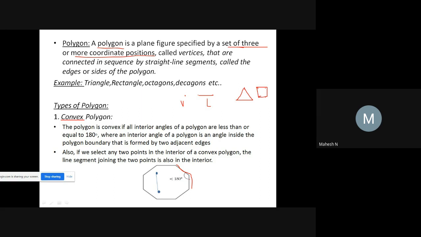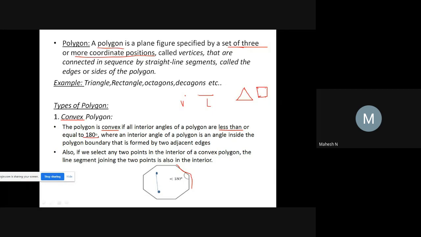The angle between the sides will always be less than 180 degrees in a convex polygon. The polygon is convex if all the interior angles of the polygon are less than or equal to 180 degrees. Then I call such a polygon a convex polygon.